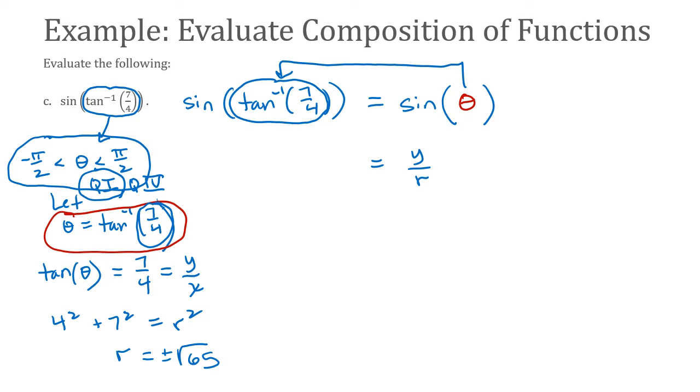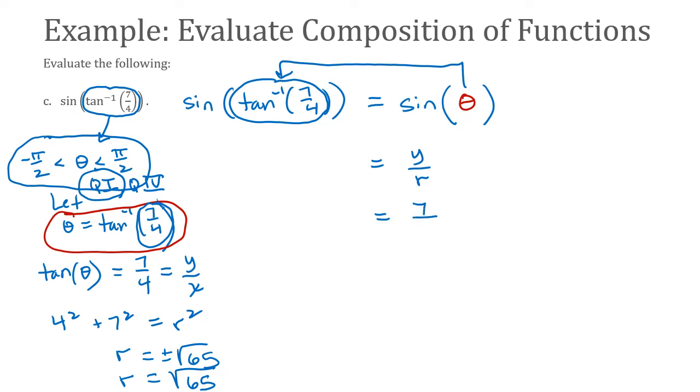Now, did I have to think about that for r? Not really. I got a little ahead of myself. R is the radius, right? And so the radius in a circle is going to be a positive distance. So that's going to be positive square root of 65. But that does tell me that the y value is going to be, what did we say that y value was going to be? 7.